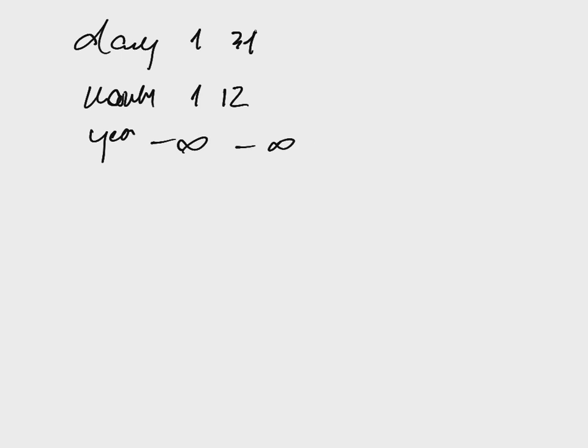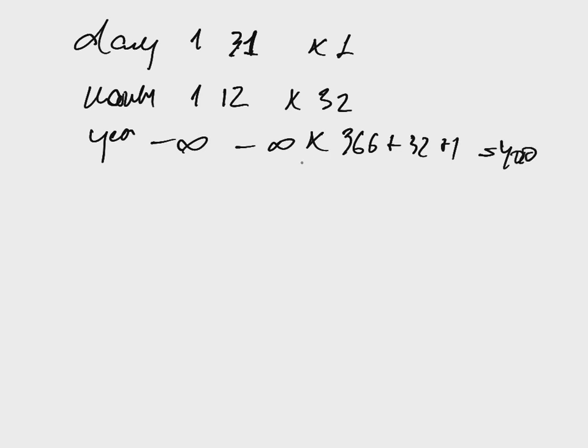Then a very efficient way to create a hash for these numerical values is to use weights for these numbers, like this will be times 1, this will be times 32, and this will be times 366 plus 32 plus 1, which is approximately 400.